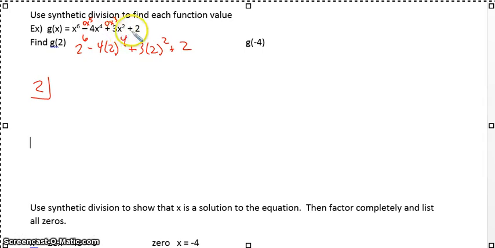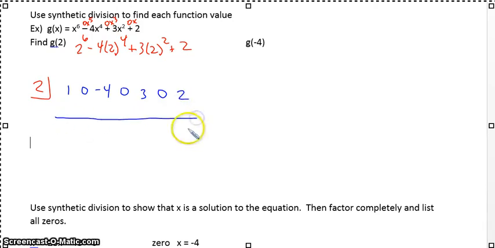And then also here I have to represent a 0 for the x term that's missing. So when I list out my coefficients, I'm going to start with a 1, then a 0 for the x to the 5th term that's not there, then a negative 4, and then a 0 because there's no x to the 3rd, then a 3, and then a 0 because there's no x term, and then a 2.